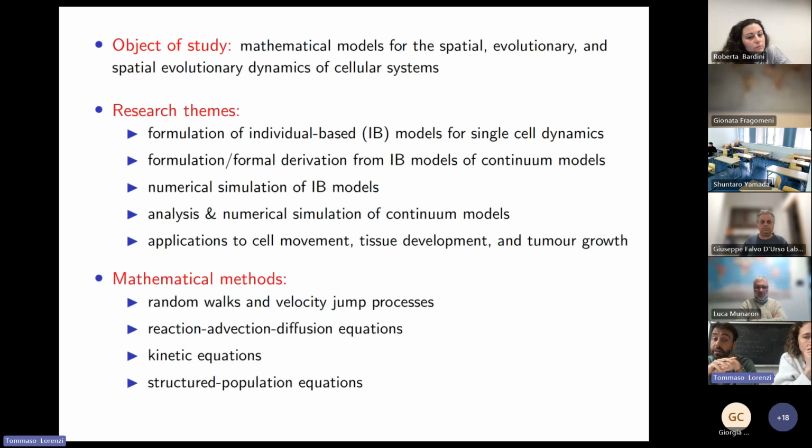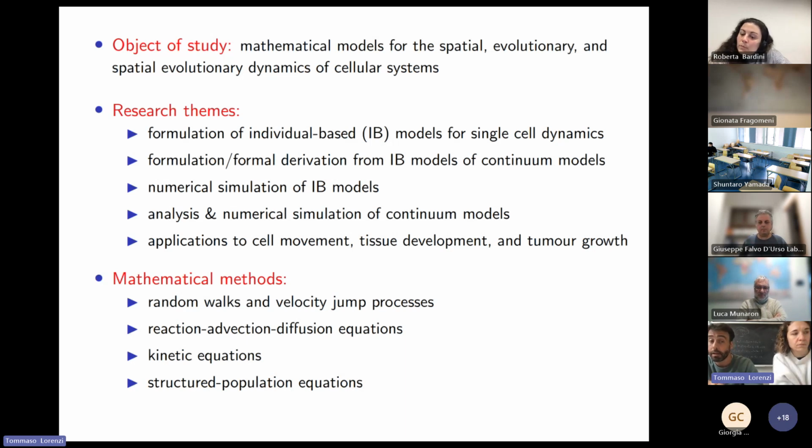Our expertise so far has been mainly applied to the mathematical modeling of cell movement, tissue development, and tumor growth. And then we have been transitioning into considering also processes like bone remodeling and the formation of networks of endothelial cells, again mainly in collaboration with Roberta and Riccardo.